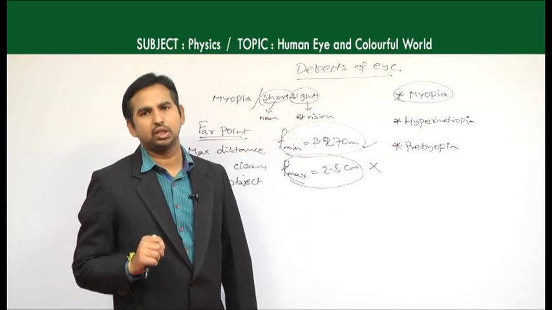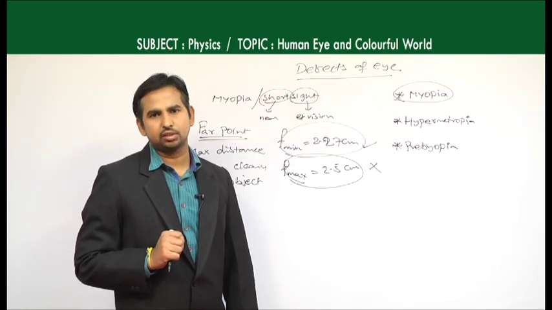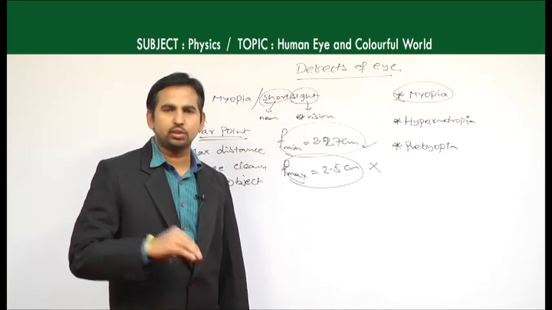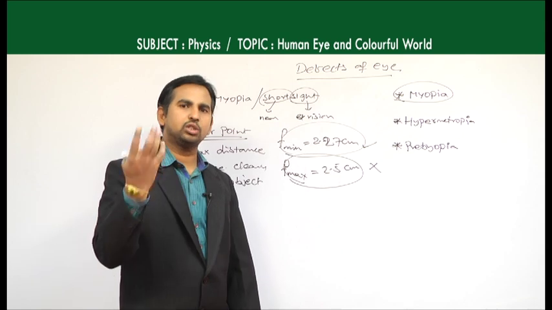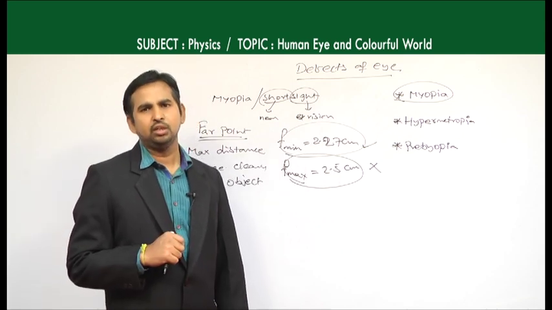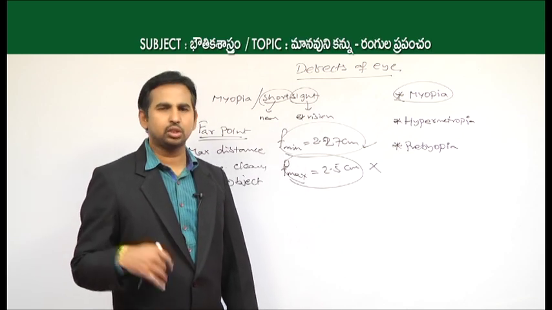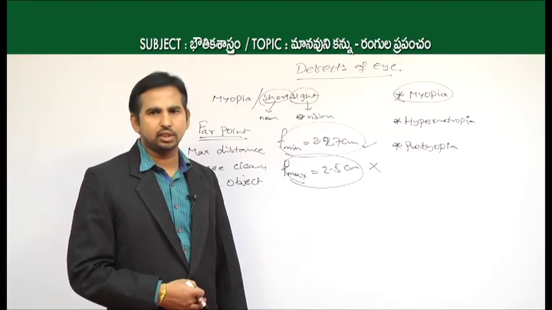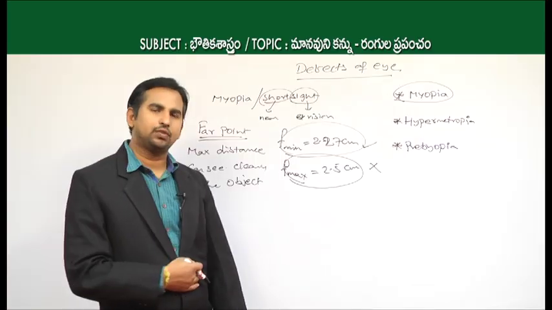Up to that far point we do not have any problem. Once the object is beyond that far point, we get the problem with the eye: we cannot see a clear image, only a blurred image. That is the definition of far point.